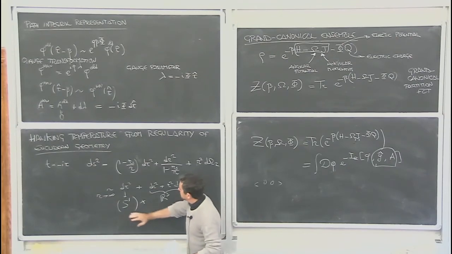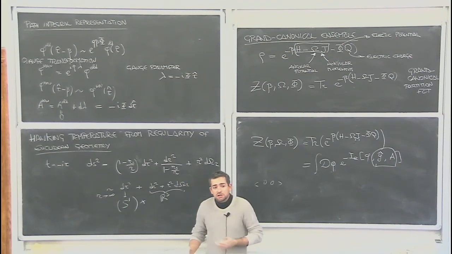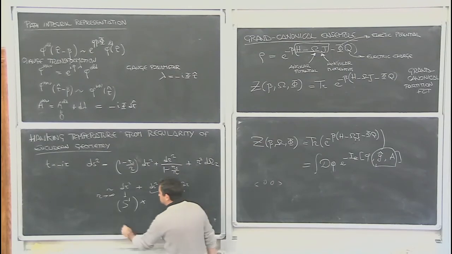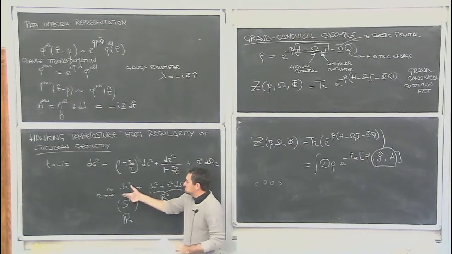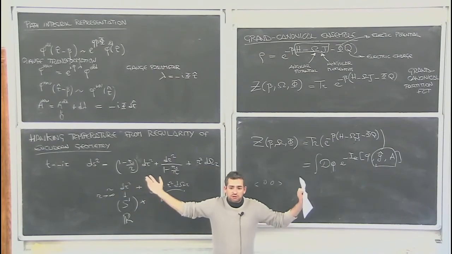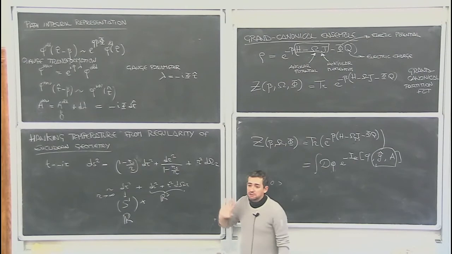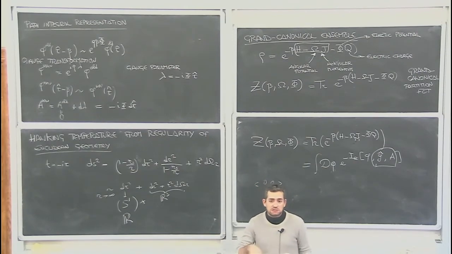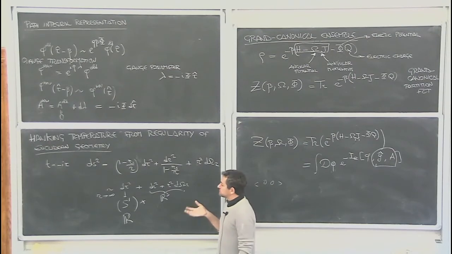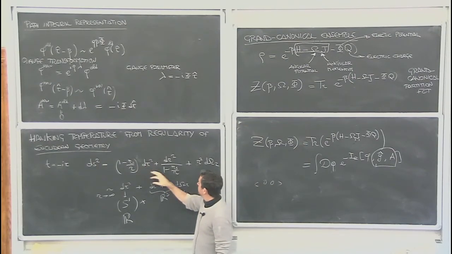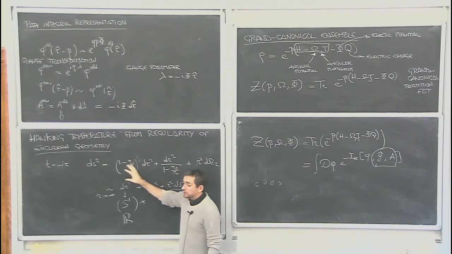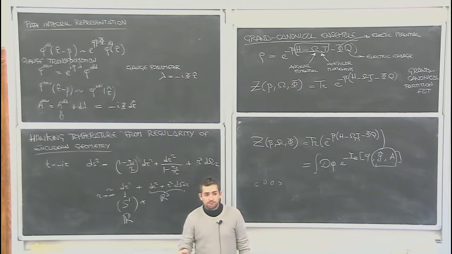So let's say for now, it's S1 or R. It doesn't change, because I can choose the periodicity to be infinite or not. From what I see at infinity, there is no constraint on this identification. So where is the possible constraint on the identification of the coordinates coming from? It will come from the near horizon region.